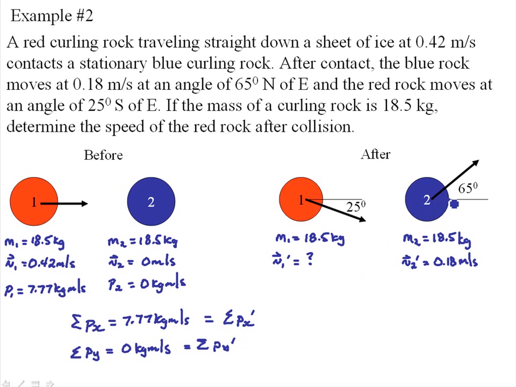I'm going to put my long calculations on the next slide, but I'm going to try and do as much on this slide while you're copying it down, and then I'll show their longhand form after. So what we want to do is find the momentum of object 2 after in the x direction, and the momentum of object 2 in the y direction after.